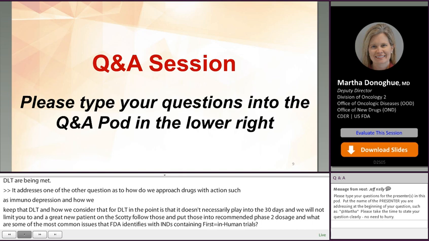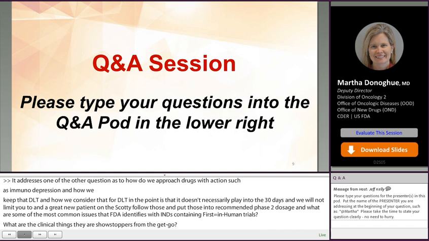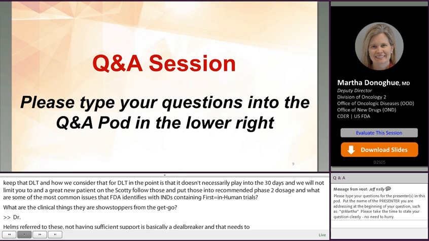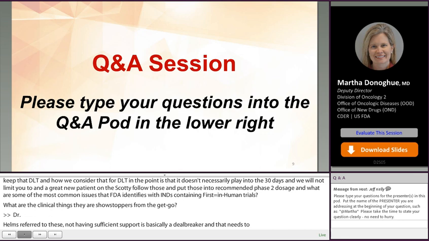I think that not having sufficient support for the starting dose is basically a deal breaker, and so there needs to be quite a bit of thought and justification for the starting dose that's proposed. I think it's not too uncommon that we see very aggressive dose escalation proposals that don't take into account the steepness of the dose toxicity relationship that is observed in non-clinical trials.